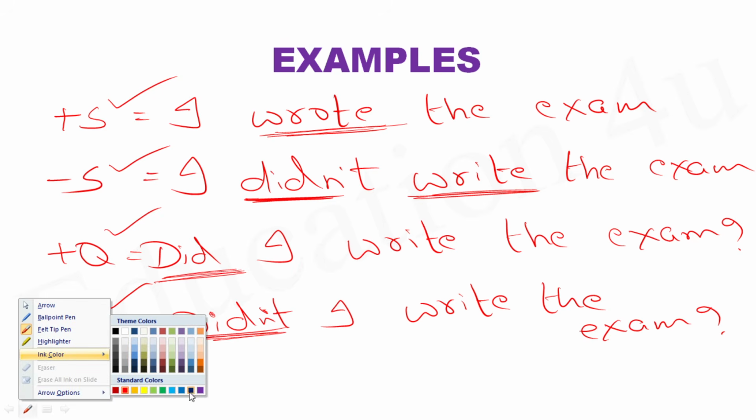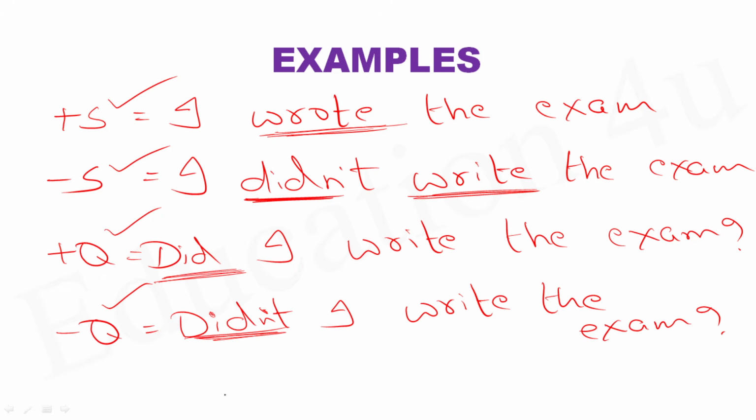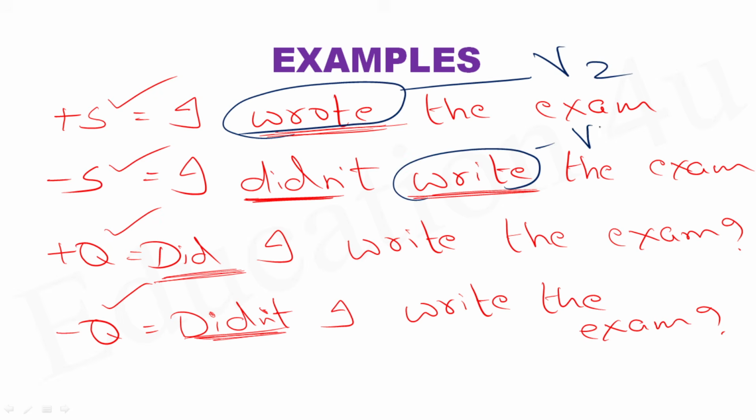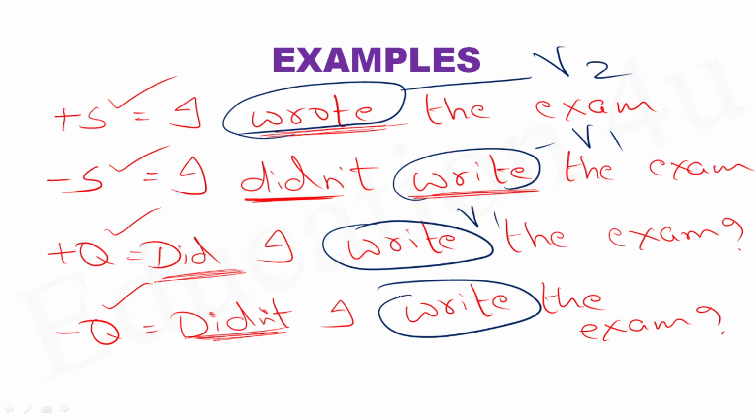If you see the positive statement here, the positive statement is wrote, where the verb is in the second form, V2. But if you observe here the verb is in the first form, and here the verb is in the first form. Don't you think this is interesting? Don't you think this is important?